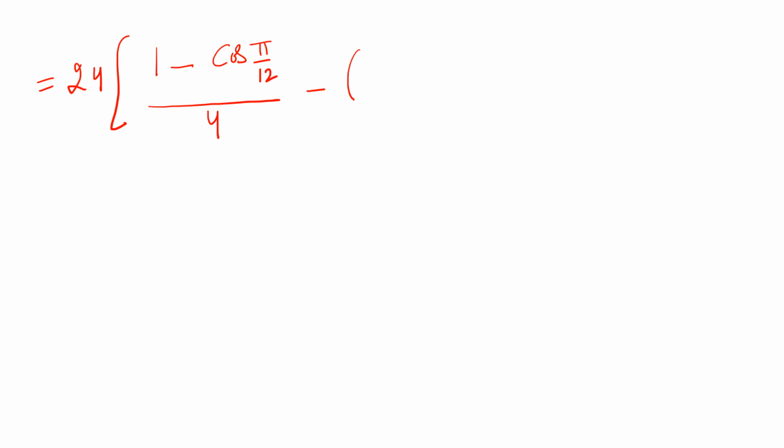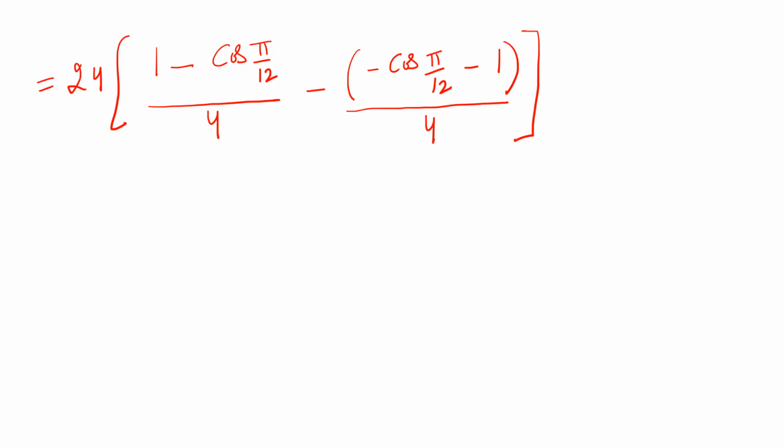So it becomes cos of pi minus pi by 12, which is minus cos pi by 12, minus, now we will put x as pi upon 48 in the second expression. So it becomes cos of pi by 12 minus pi by 12, which is again cos of 0, and that is 1, whole divided upon 4.